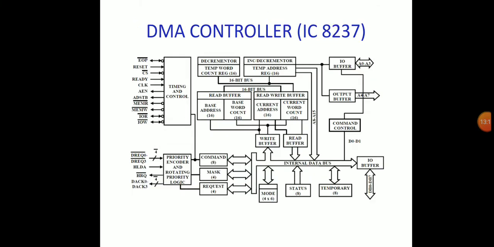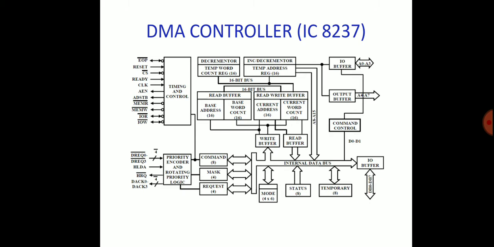Now the next one is DMA controllers, IC 8237. DMA stands for direct memory access, and the DMA mode of data transfer is the fastest among all the modes of data transfer. In this mode, the device may transfer data directly from memory without any interference from the CPU.